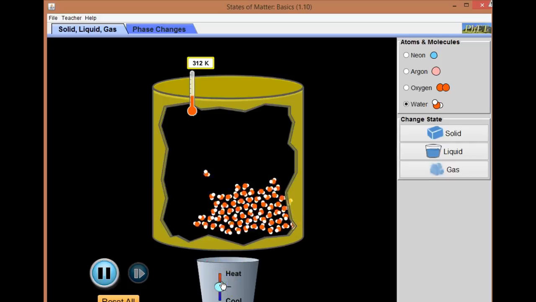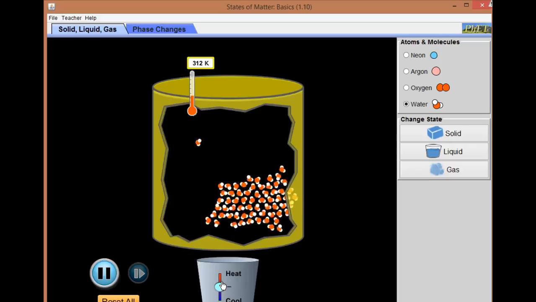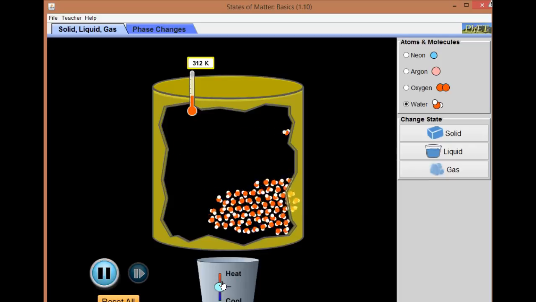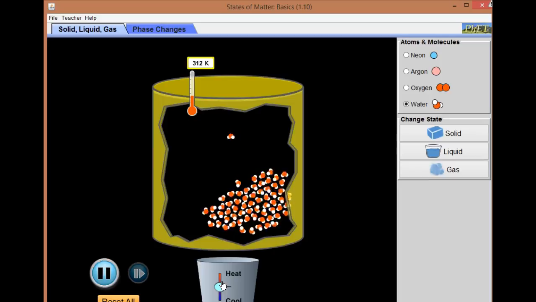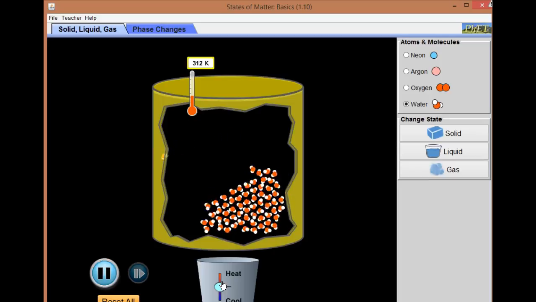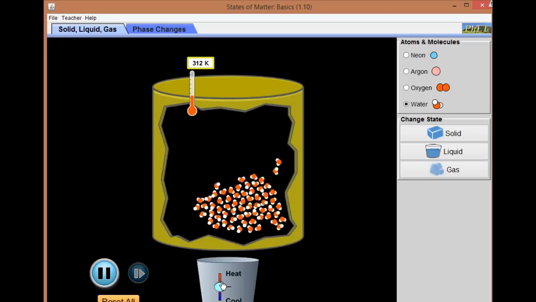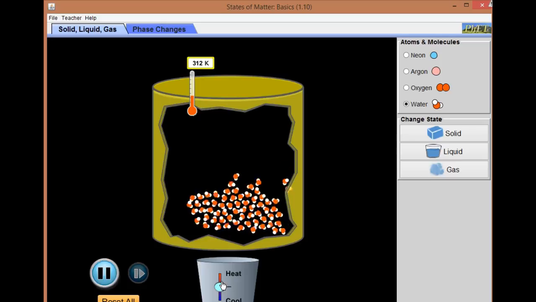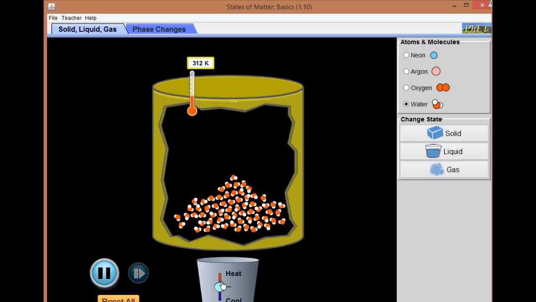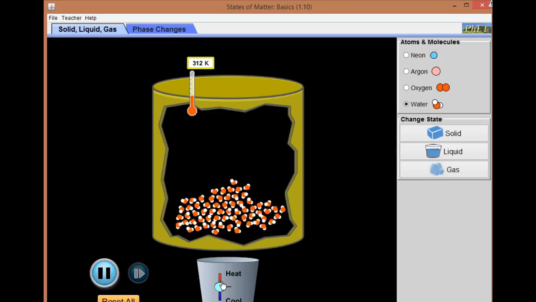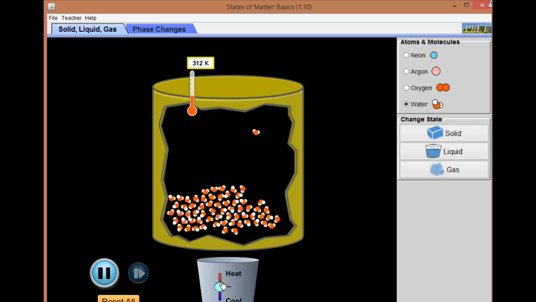Trying not to warm it up too much. There we go. The particle on the left-hand side that's above the others has that new type of motion. So not only is that water particle vibrating, it's also turning around. So all liquid particles have vibrational motion and rotational motion.